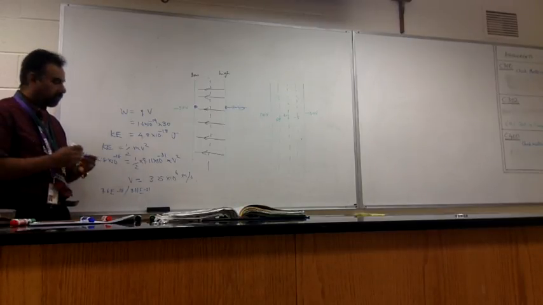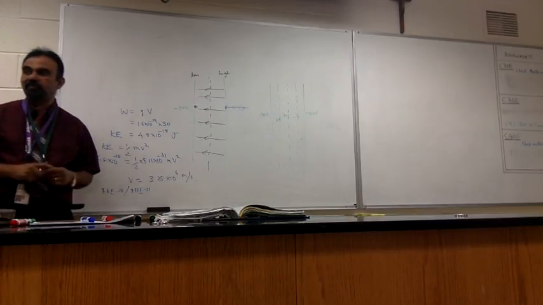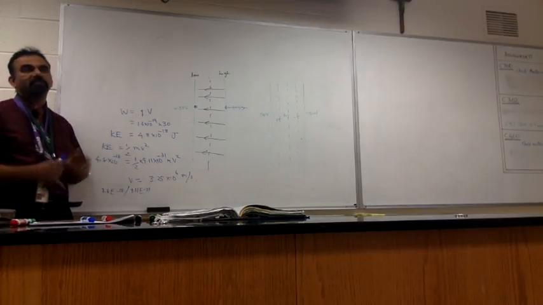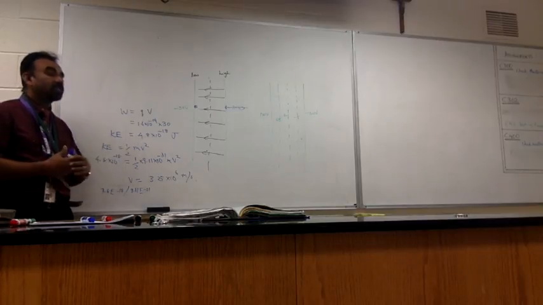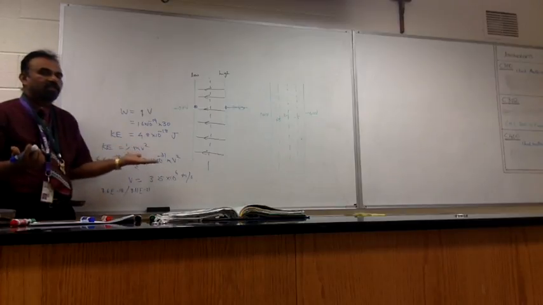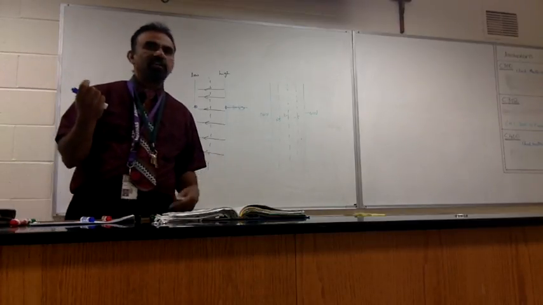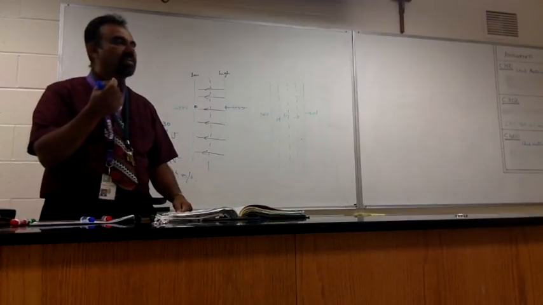This is what we call an electron gun. You can shoot an electron. So what is an electron gun? You need a source of electrons. You can create electrons by just heating a wire.